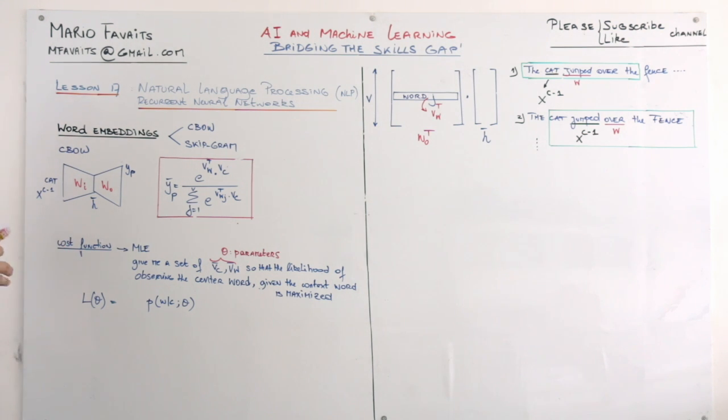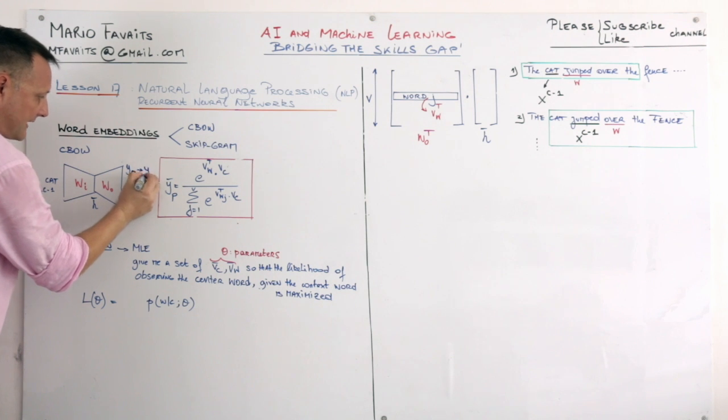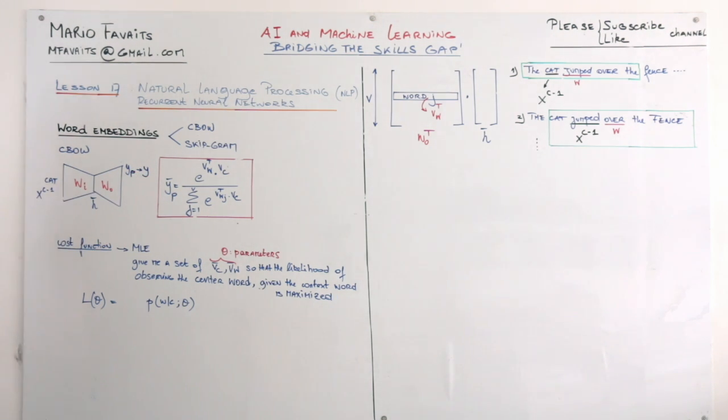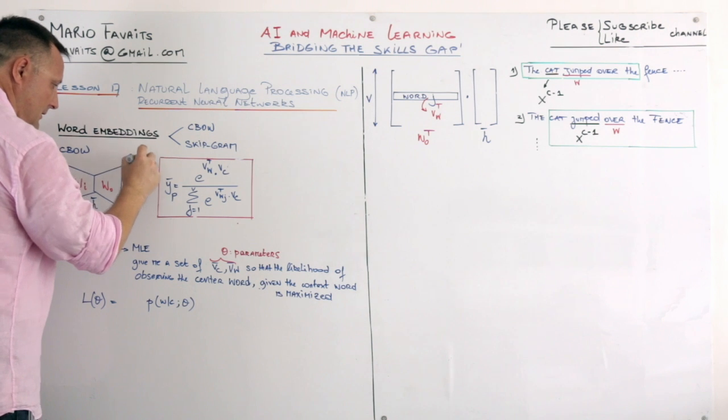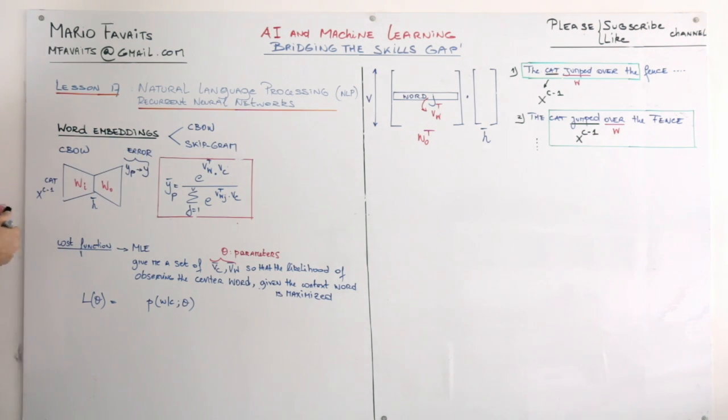What we're now going to do is compare this y predict with the true y, and then of course there will be an error. With the error, we're going to backpropagate and update these matrices Wi and Wo.